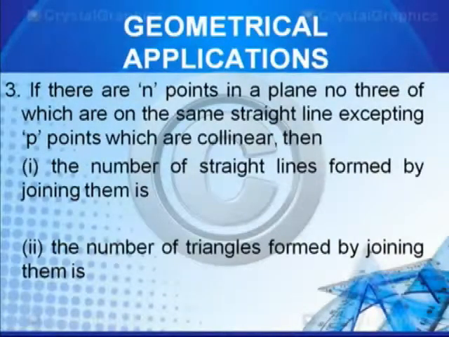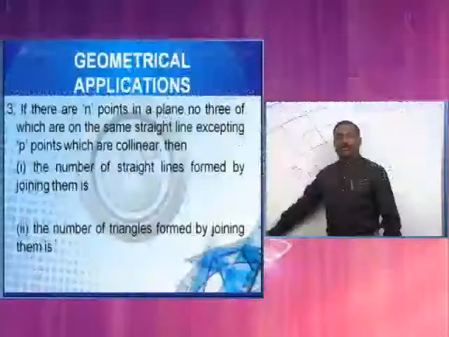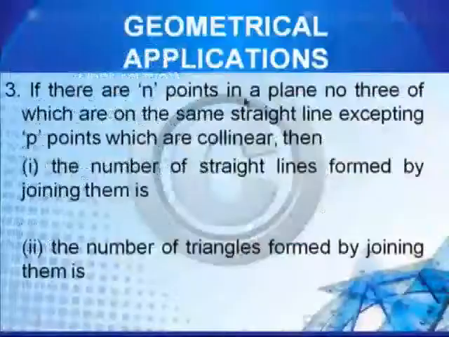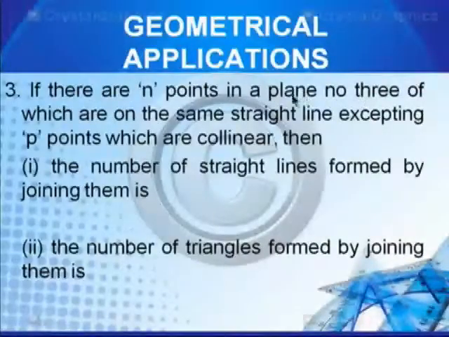If there are n points in a plane, no three of which are on the same straight line, excepting p points, which are collinear, then the number of straight lines formed by joining them is? Follow that carefully please.